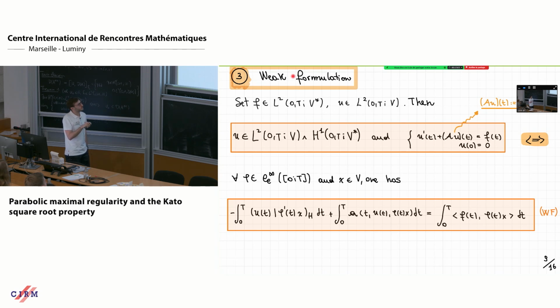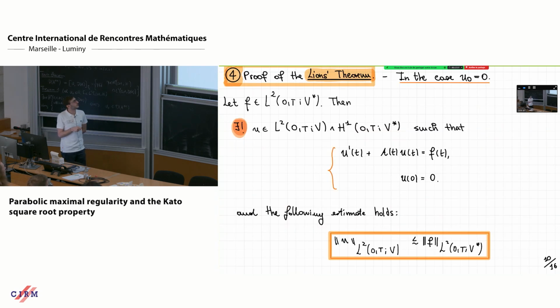So, of course, we want to prove by Lions' theorem that this is true. And then by this weak equivalence, we will have that U is a solution in the maximal regularity space of our problem. So let's recall the main theorem that we want to prove.